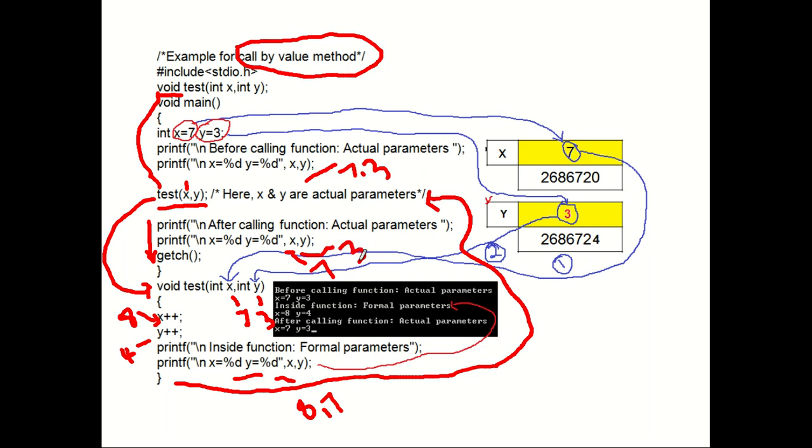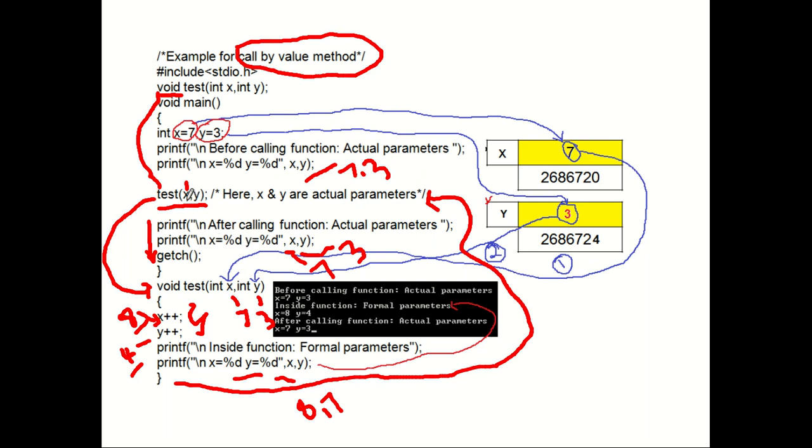See, one thing you can observe is that we have changed the content of x and y in the function body. After the change, the content of x is 8 and the content of y is 4. But this is not reflected in the actual parameters here. Why? Because another set of copies is created here.